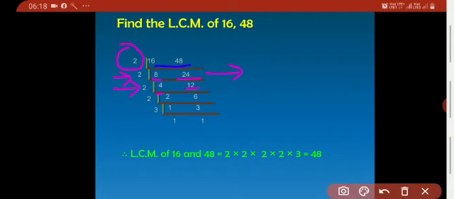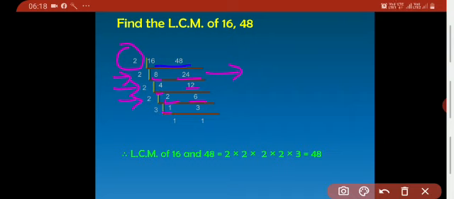Both the quotients are ready to be divisible by 2 again. Quotient we will write under. We can see the next two numbers are also divisible by 2, so we again take the prime number 2.